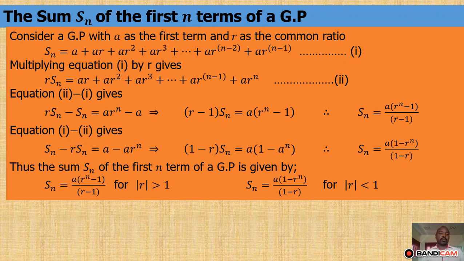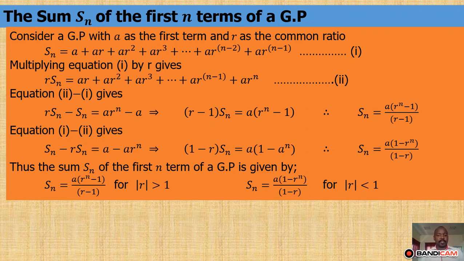Multiplying equation 1 by r gives rSn equals ar plus ar squared plus ar cubed plus ... plus ar^(n-1) plus ar^n. We call that equation 2.